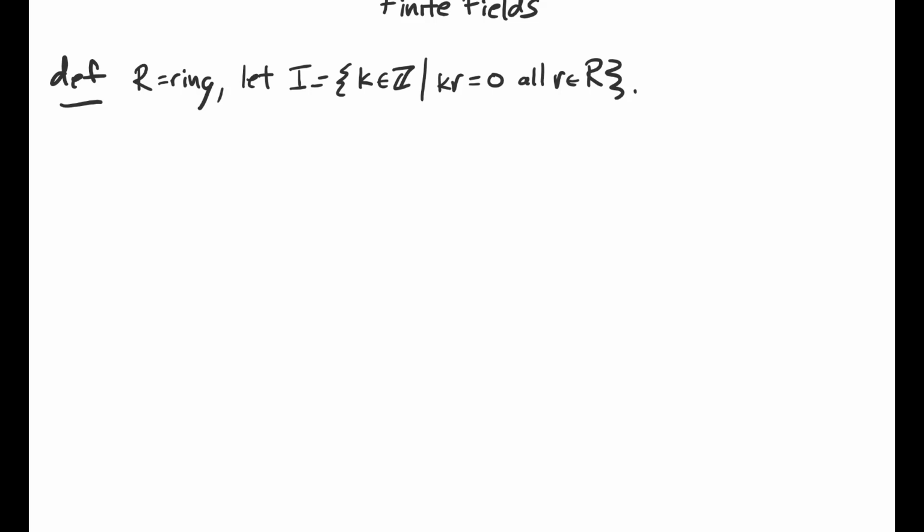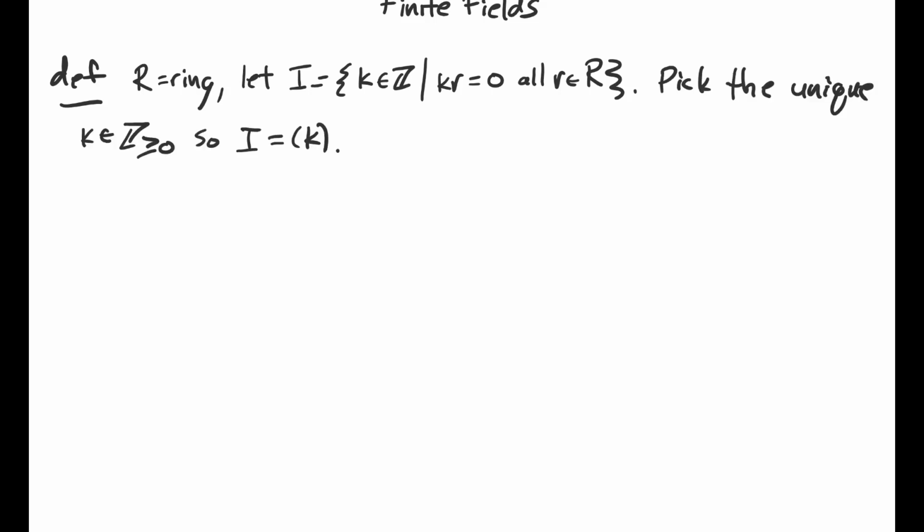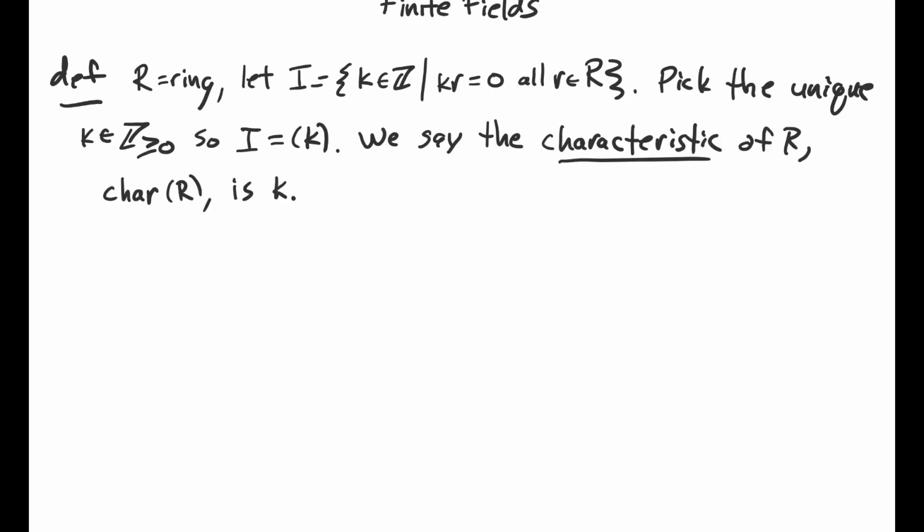It's obvious this is an ideal in Z, and since Z is a PID, and the units are plus or minus 1, there's a unique k that's bigger than or equal to 0 that generates this ideal. Pick the k that generates the ideal. That's non-negative. We'll say this unique k that generates the killing ideal is the characteristic of R.